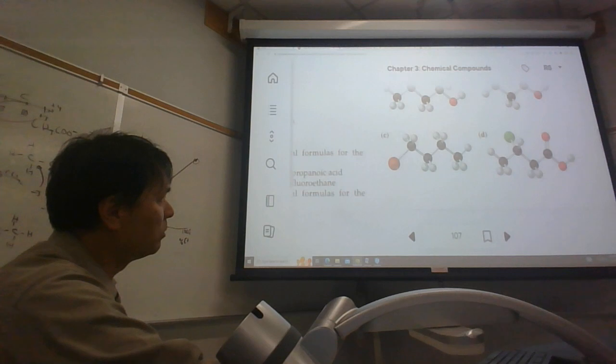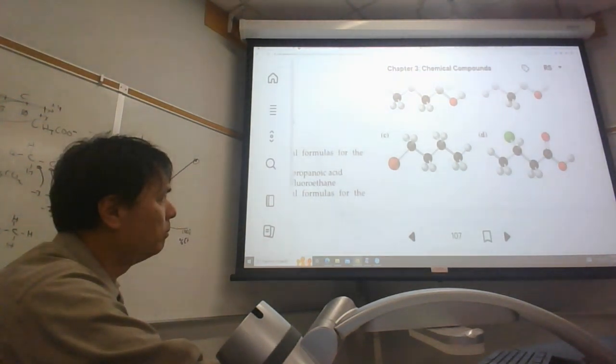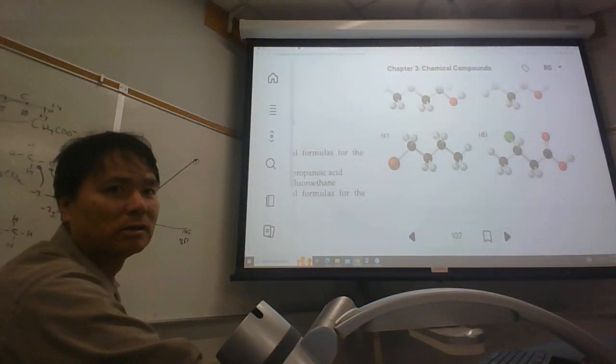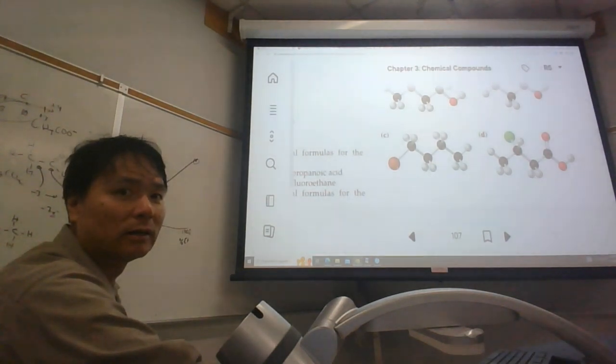If we had bromo on carbon 3, it would be the same as 2, because we just number it the opposite direction. And if we had a bromo on 4, it would be the same as 1. So is this 1-bromobutane or 2-bromobutane? 1. And so the answer for this one would be 1-bromobutane.